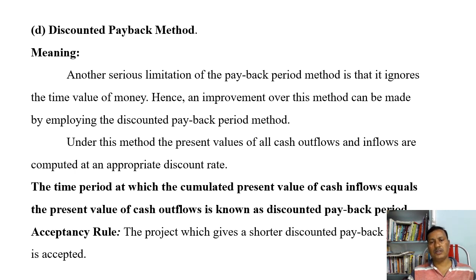Under this method, the present value of all cash outflows and inflows is computed at an appropriate discount rate. Here the discount rate, you can get it from the table, at a 10% rate of discount for the number of years, which tells what value 1 rupee has at that particular point. The time period at which the cumulated present value of cash inflows equals the present value of cash outflows is known as the discounted payback period.